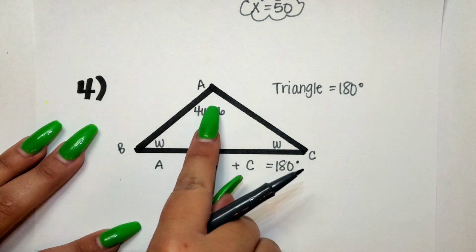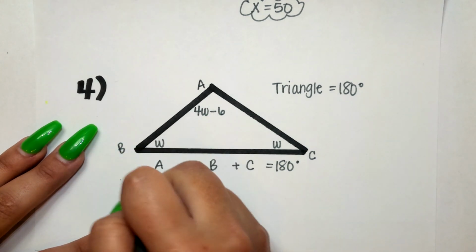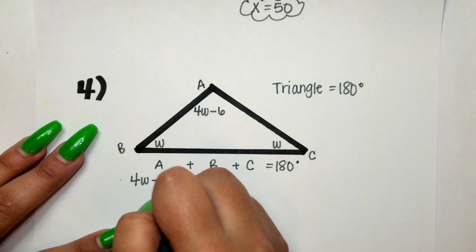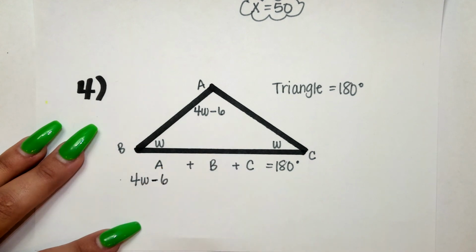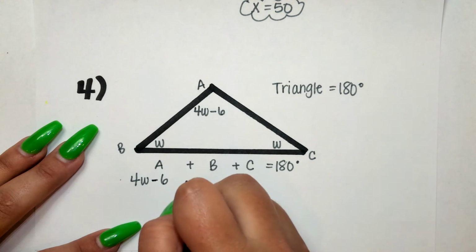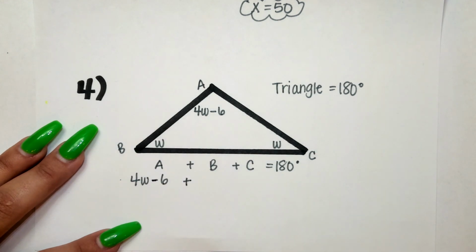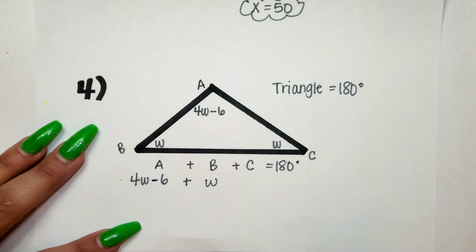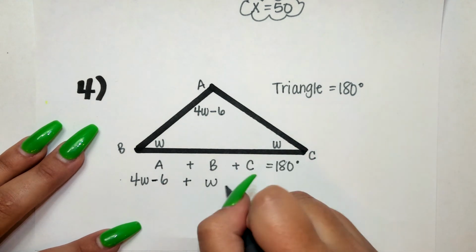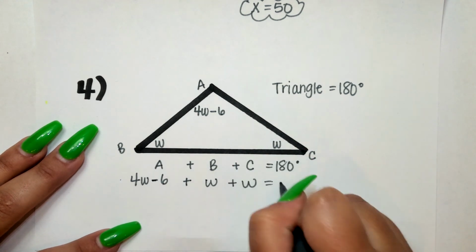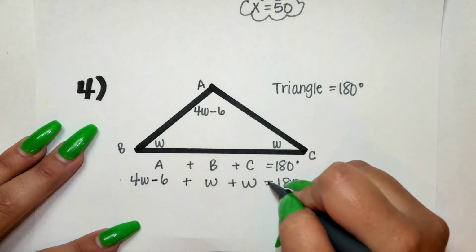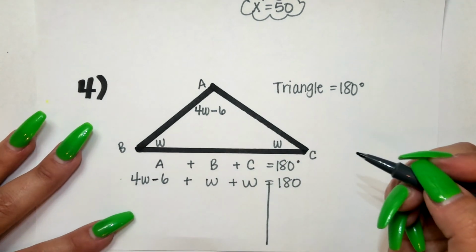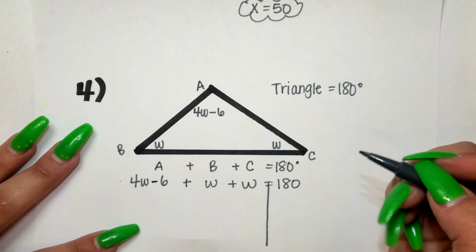So angle A is 4W minus 6. So they used a W instead of an X, which is the same thing. Bring down my plus sign. Angle B is just W, and angle C is just W, then equals 180. So now I want to combine like terms.